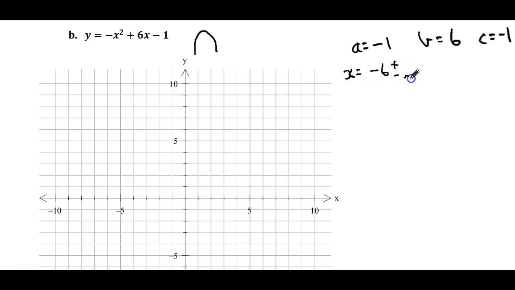So let's test my memory. B squared, 36. 4 minus 4, okay, over negative 2. So let's just tidy that up. So this is the square root of 32, which comes out to be 4 root 2.